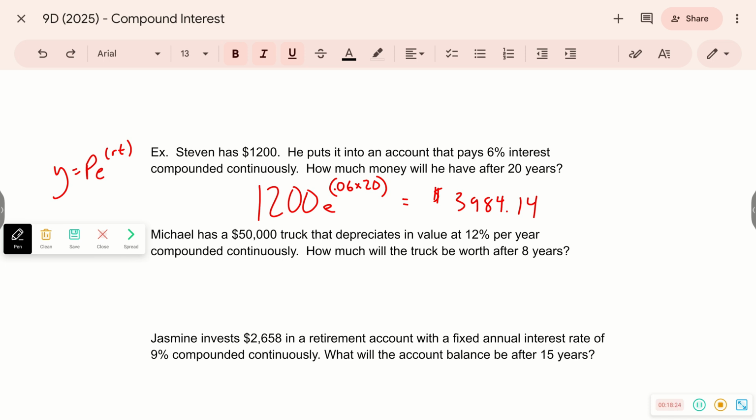Same thing with decay, but remember what I've said before: decay is going to have a negative interest rate. So in this one, we have a $50,000 truck, multiplied by e, which you can type right into the calculator. It depreciates at 12% per year, so we multiply by negative 0.12 times 8 in the exponent.